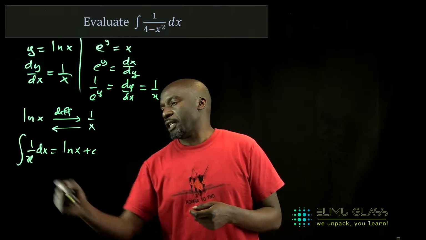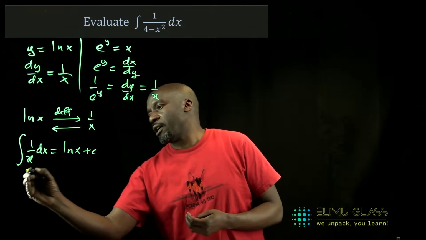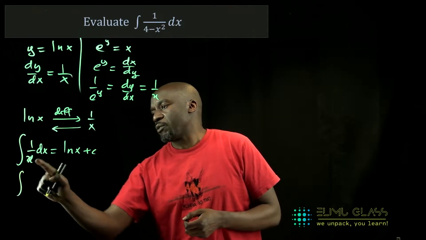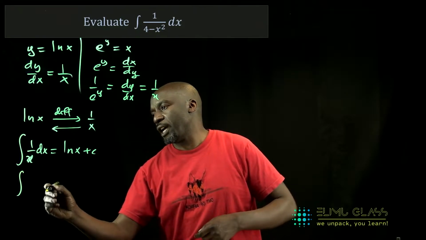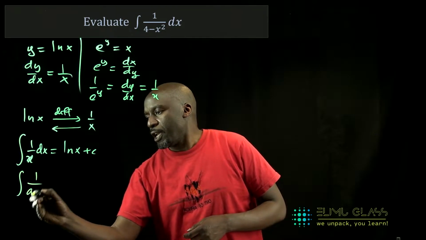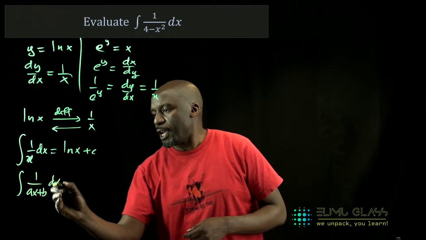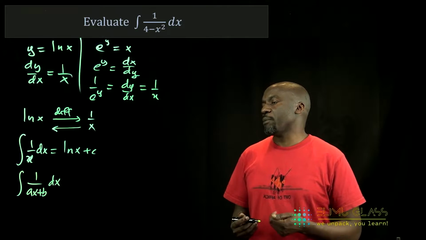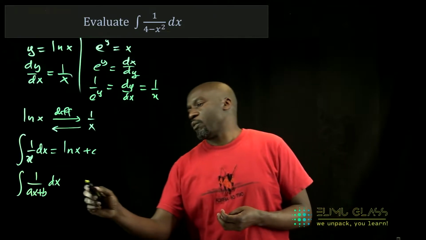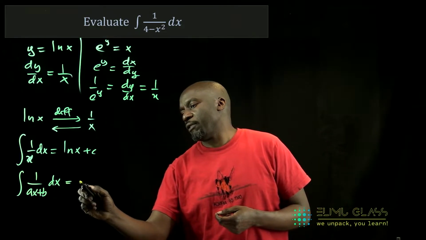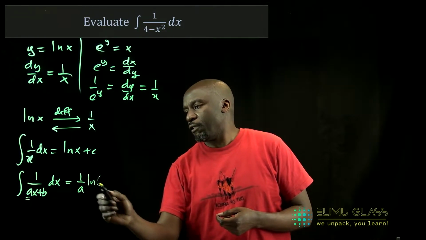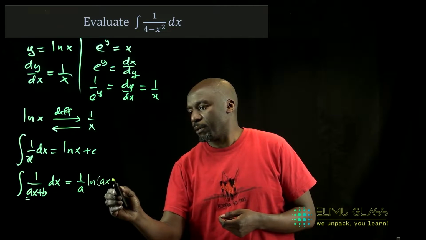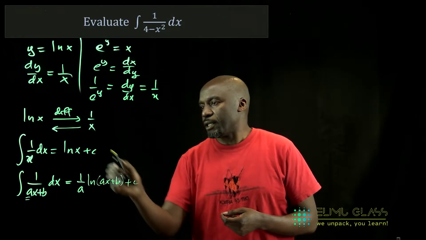If the denominator is made slightly more complex, we turn it into a linear function with a constant value of a other than 1, like this, the integral of 1 over ax plus b dx. Then we can use a method of substitution, and that will give us 1 over a, ln of the same thing, ax plus b, plus the same constant.